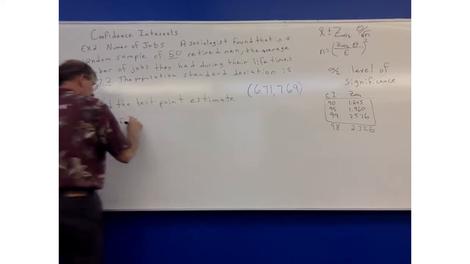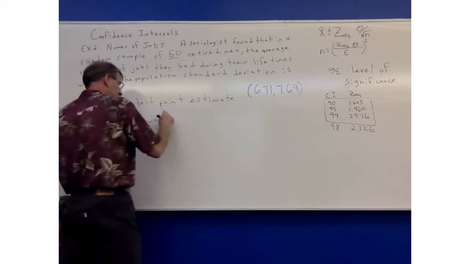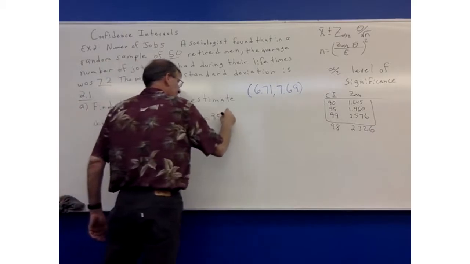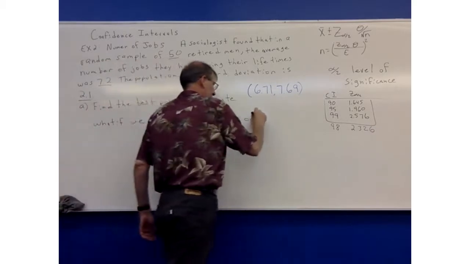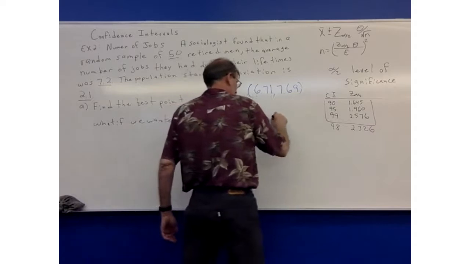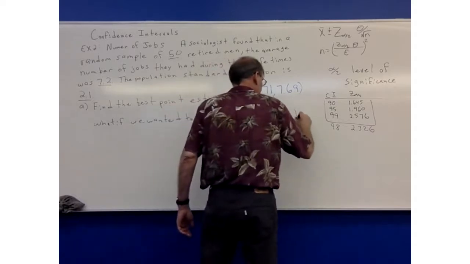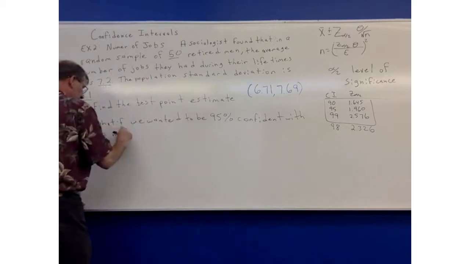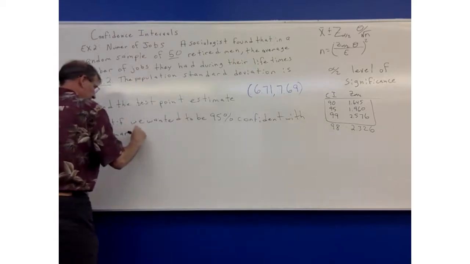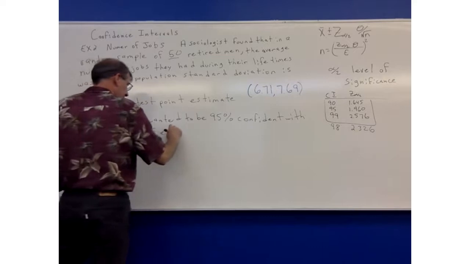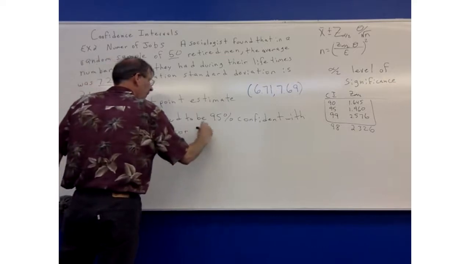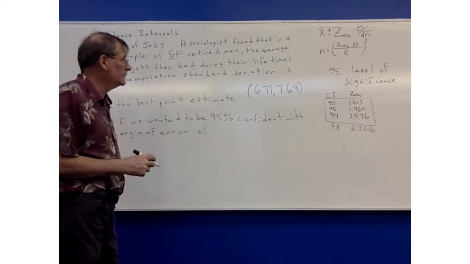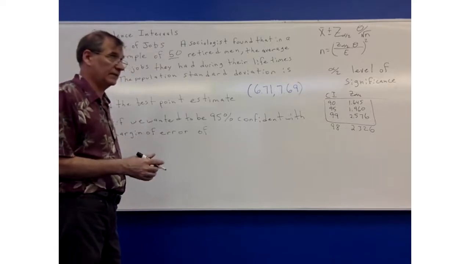What if we wanted to be 95% confident with a margin of error of, what were those margins of error? 0.7 was the big one.